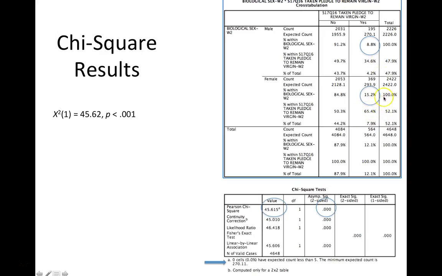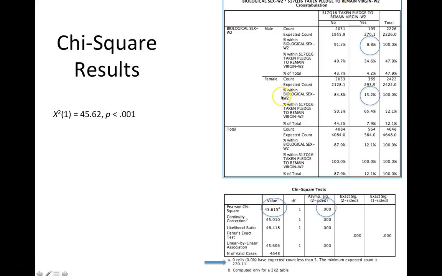These two add up to 100% because we're looking at 100% of those who took a purity pledge. And we see that most of those are girls and not boys. A higher percentage of those are girls and not boys. And then we would say of men, or of males, 8% took a purity pledge, whereas of females, 15% take a purity pledge. So we could interpret that in a couple of different ways.